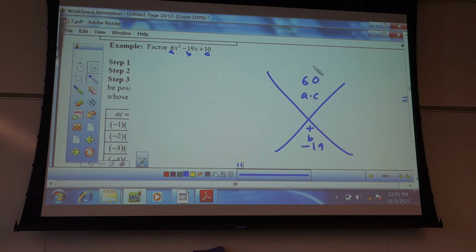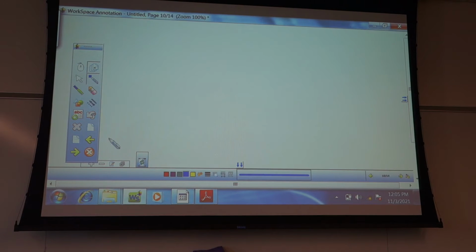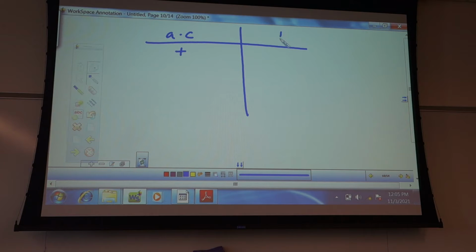So maybe we'll do a quick comment here. AC, if it's positive, that means they are both the same sign.